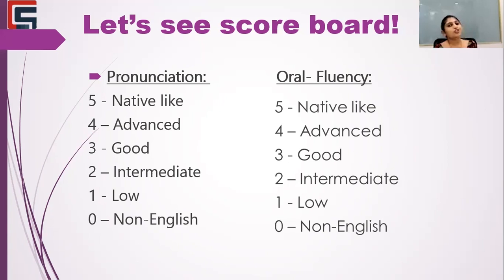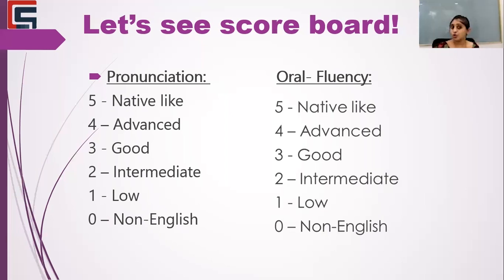Intermediate score for those who are 50% making an attempt to repeat the sentence, and low score for those who make less than 50% of the attempt, or I can say out of the 13 to 15 words, they speak hardly 2 to 3 words, which will not make a correct sentence.